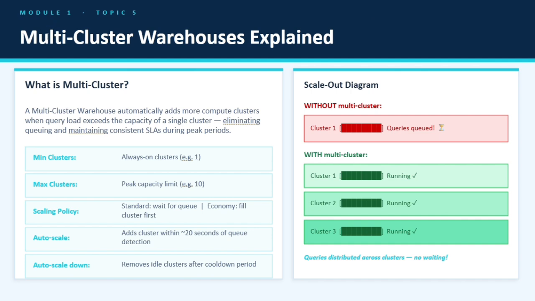Let's move to another topic, multi-cluster warehouses. When the load increases, Snowflake automatically adds more clusters. No queuing, no waiting. When the load goes down, it removes the extra clusters automatically. You will understand by seeing this diagram. Without multi-clusters, there is only one cluster.